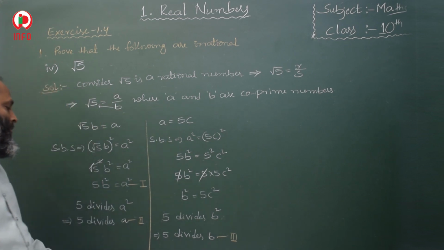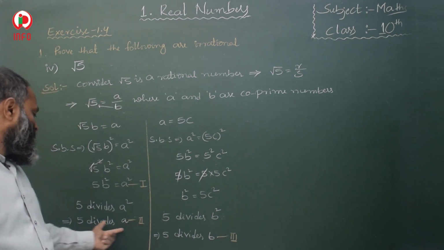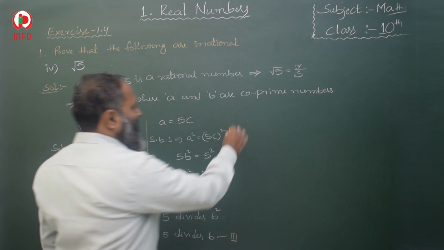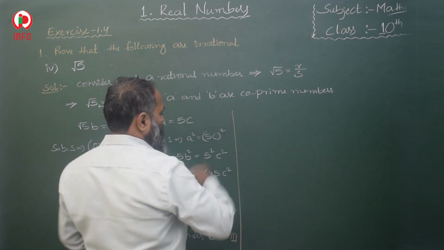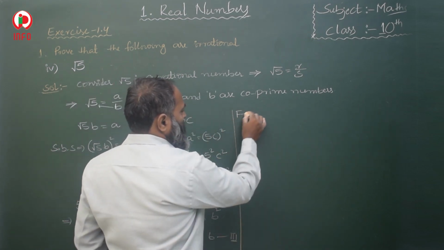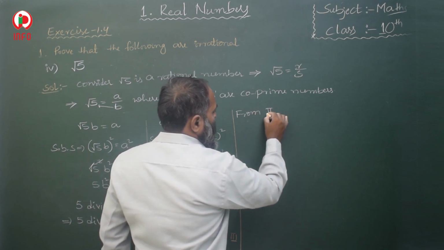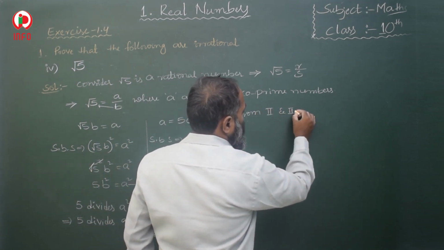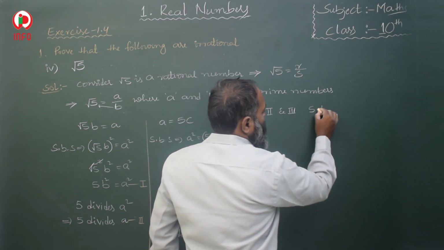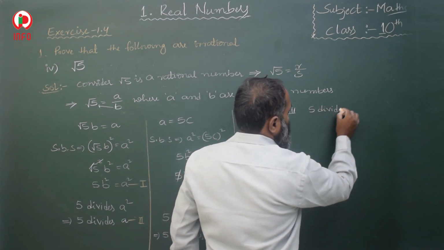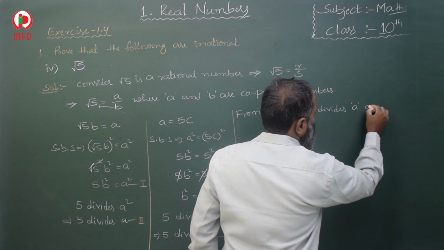From equations 2 and 3, 5 divides a and 5 divides b.